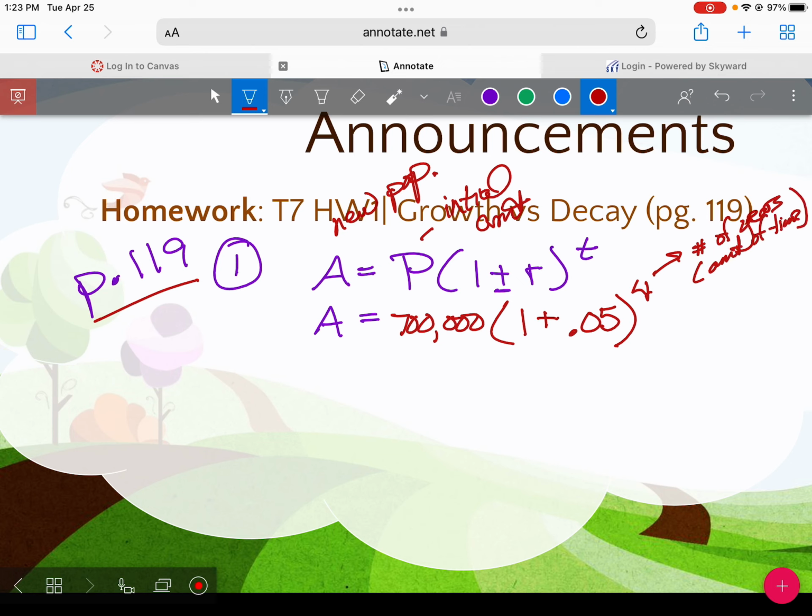So on your calculators, 1 plus 0.05, get that total, raise it to the 4th power. Remember, you're going to use the caret symbol, upside down V. You're following order of operations, and then multiply that by 700,000 and tell me what you get.